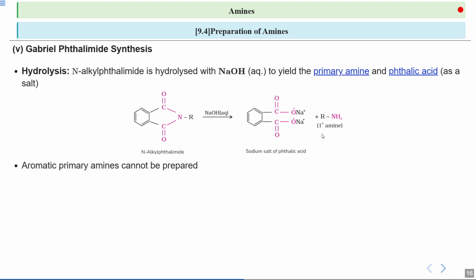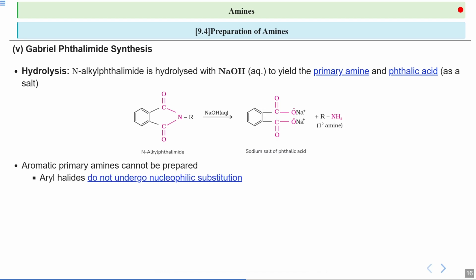Now it is important to note a limitation of this method, that is Gabriel phthalimide synthesis. It cannot be used to prepare aromatic primary amines. This means we can't use it to make amines where a nitrogen is attached directly to an aromatic ring like benzene.